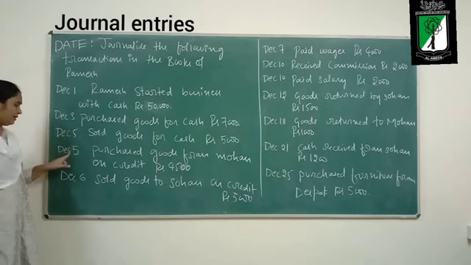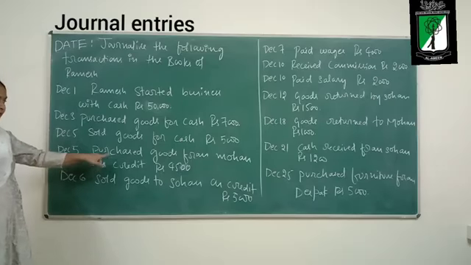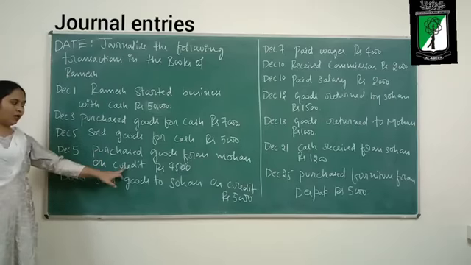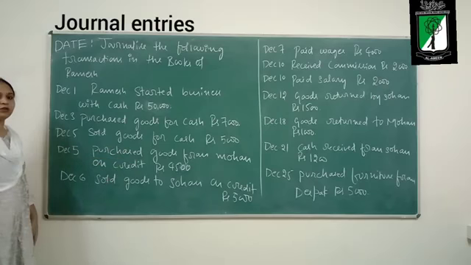On the same date, many transactions can occur in the business. So on December 5th, one more transaction: purchased goods from Mohan on credit rupees 4,500.